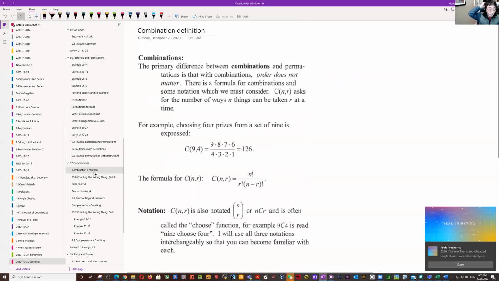So combination is basically reduction of duplication upon the permutation. Permutation is ordered arrangement, and combination is unordered arrangement.